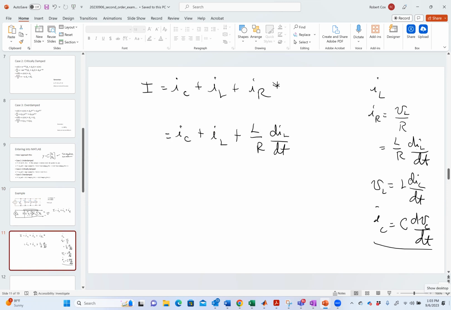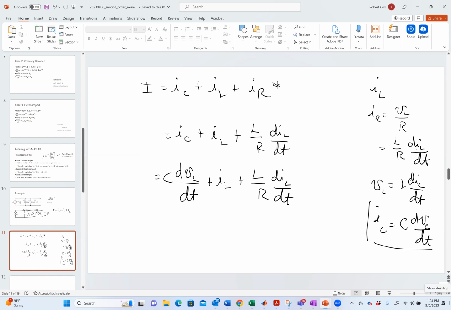So this becomes C dV_L by dt, because V_L and V_C are the same, plus I_L plus L over R dI_L by dt.